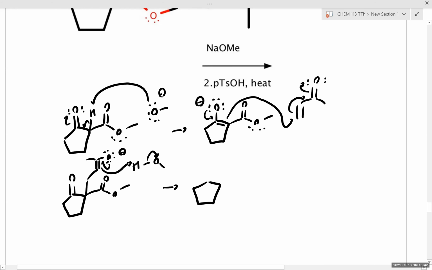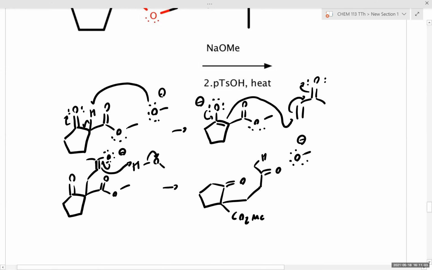Yeah, we're going to have to form another enolate. And I'm going to draw this structure a little bit suggestively to help us see this next step. Okay, so we now have our enolate protonated, and we're going to regenerate a new enolate that can react productively.